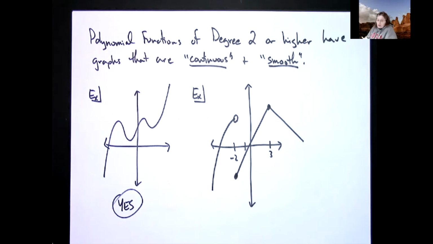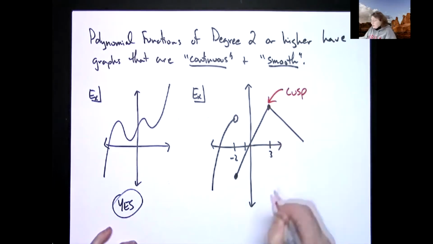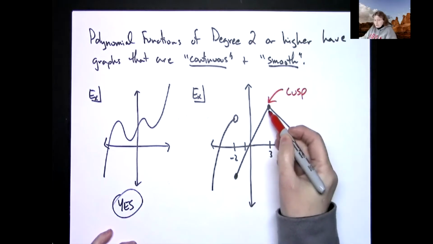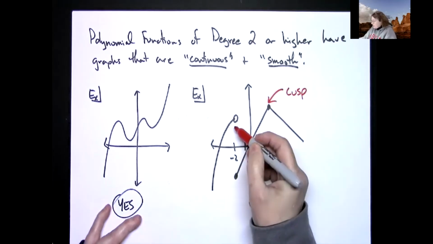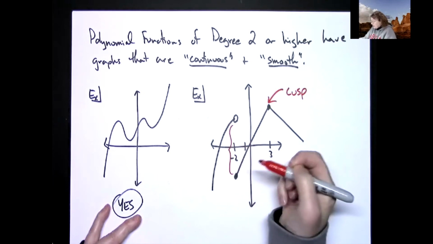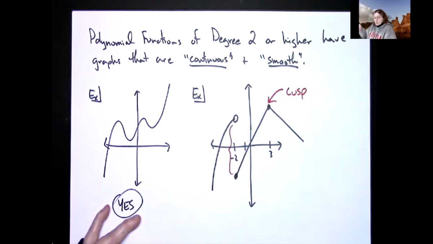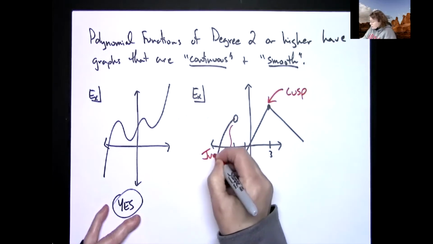Now, if we want to be a little more specific about that, that's called a cusp. We're going to call it a sharp point, but mathematically it's a cusp. And then right in here where the graph does this funky thing, obviously I lifted my pencil to draw the rest of it, but this is what's known as a jump.